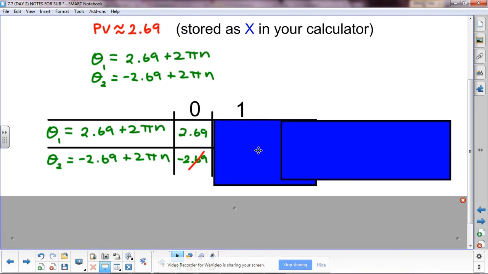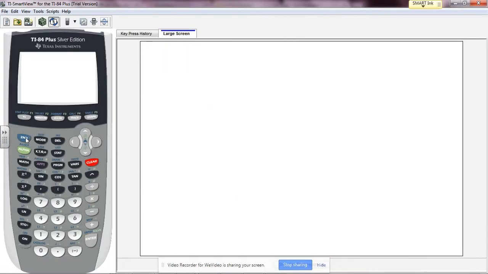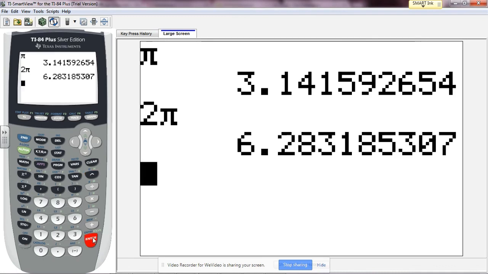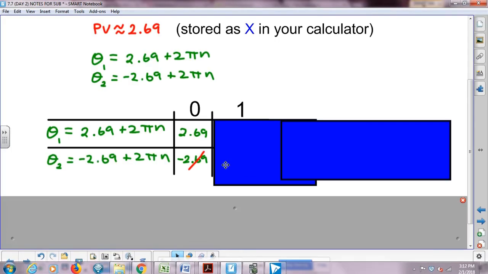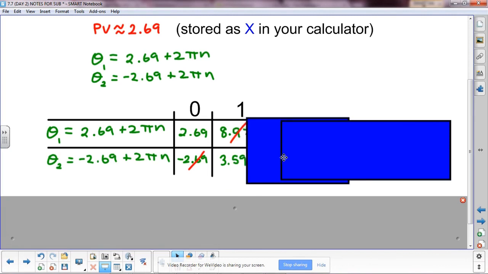Since we're using decimals, just realize that pi, everyone should know this, is about 3.14, and 2 pi is about 6.28. So you don't want to get any numbers that are bigger than 6.28. Of course, this negative number is not between 0 and 2 pi. And then if you plug in 1, you get 8.97 and 3.59.